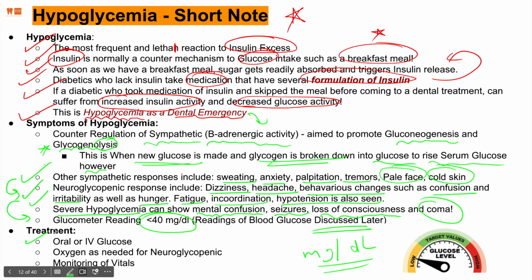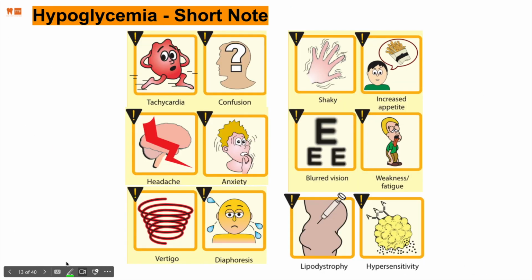The treatment is oral and IV glucose, of course. Oxygen is needed because of the neuroglycopenic effect, and penic basically just means reduction. Glyco is basically the useful glucose, and neuro means brain. So the brain is getting less glucose. That's all it means. And of course, we must monitor vitals.